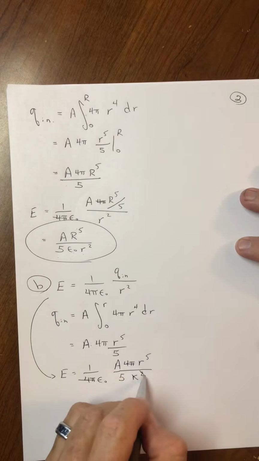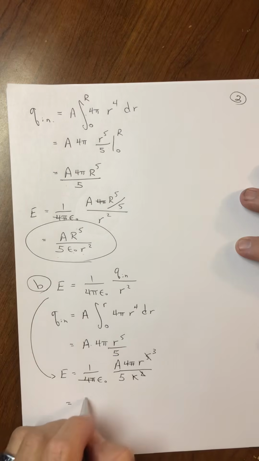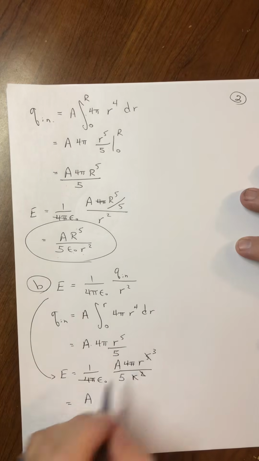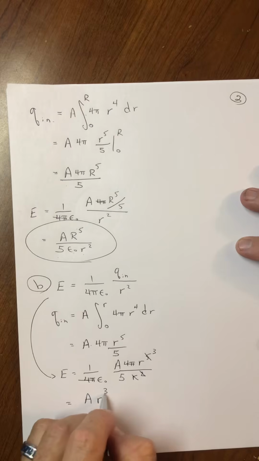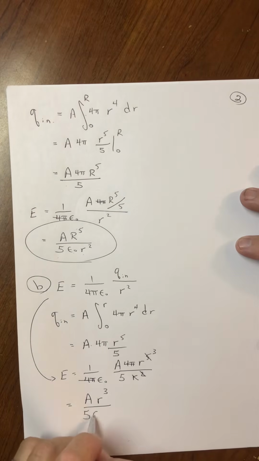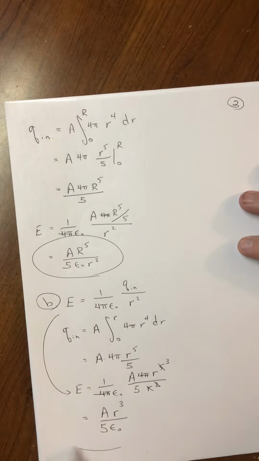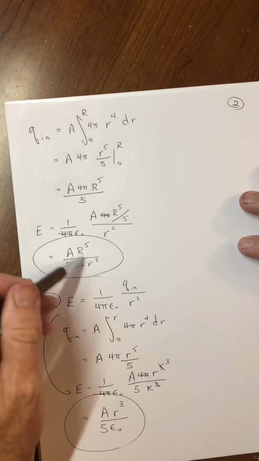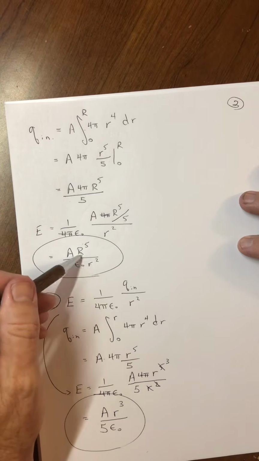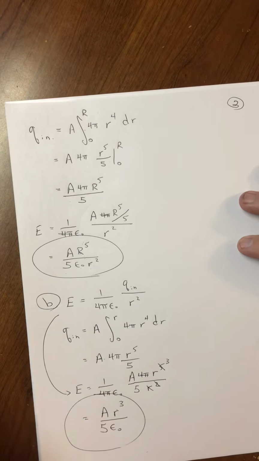But these r's are now the same and can begin to cancel. And so we don't have any capital R's, we just have lowercase r's to a power of 3. And then we still have our 5 and our epsilon naught. And so it's kind of like this back here, except these r's are really both lowercase r's, and that's why they cancel off and get you r cubed, and everything else is the same.